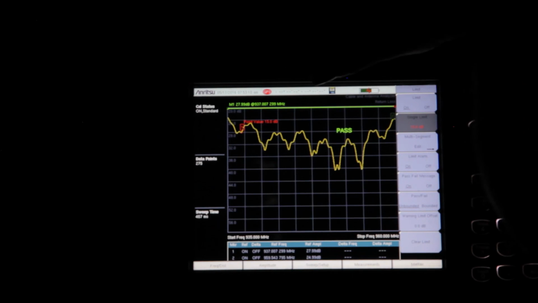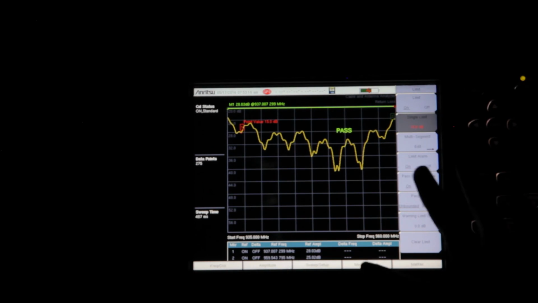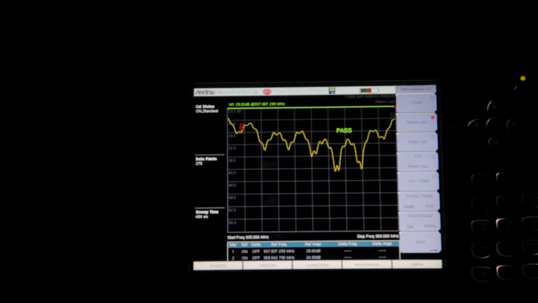She's measuring in return loss mode. The value she has is 27.